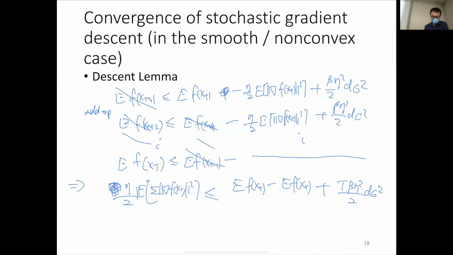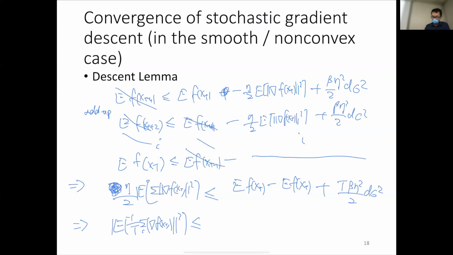Right? All right, so now what we can do is divide both sides by t. So on the left, we get 1 over t, the expected value of the sum of the gradient norms over the entire trajectory, the average gradient.